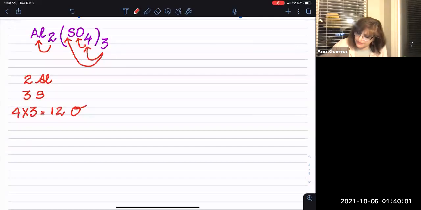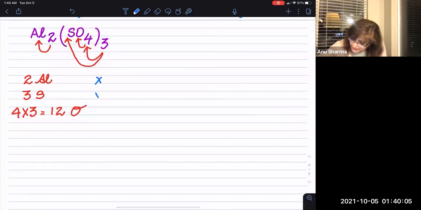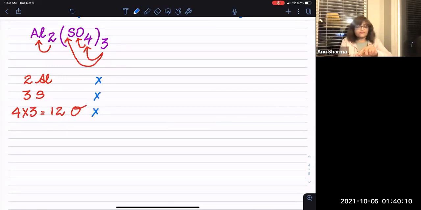That's one piece. Next, let's look at their weights: aluminum, sulfur, and oxygen. Aluminum is 26.98, so you can easily make it 27 grams.